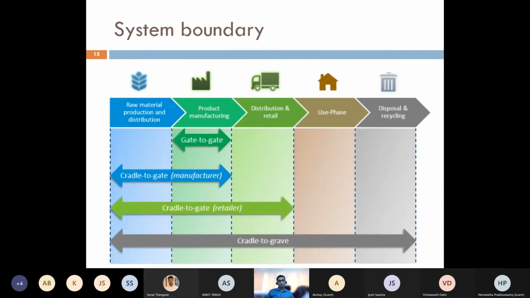Again, the system boundary. Now, a particular process could have many life stages. It would have the production of raw material, which involves production and distribution, product manufacturing, distribution, use phase, and disposal. And it would depend on which product stages we are taking into account for that particular LCA.